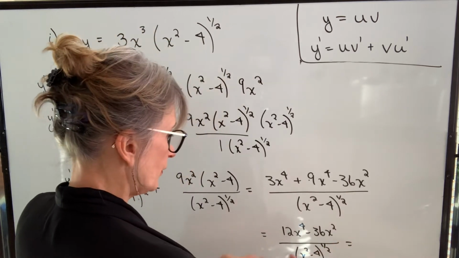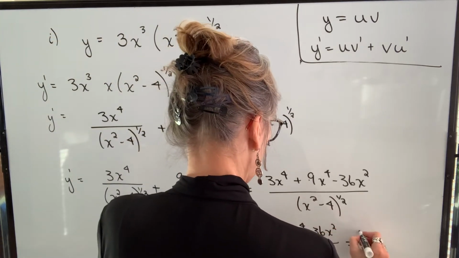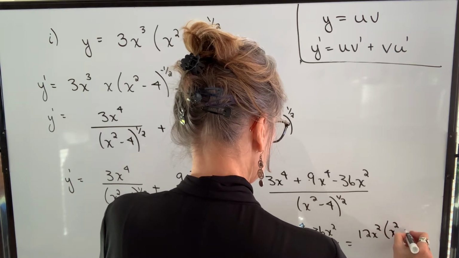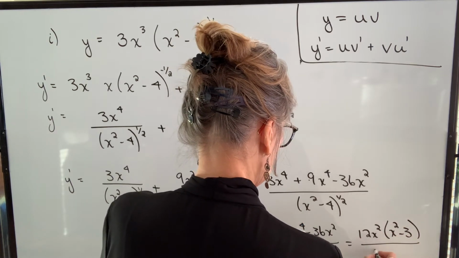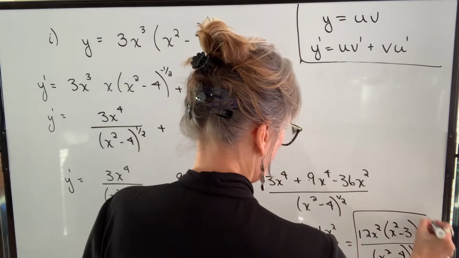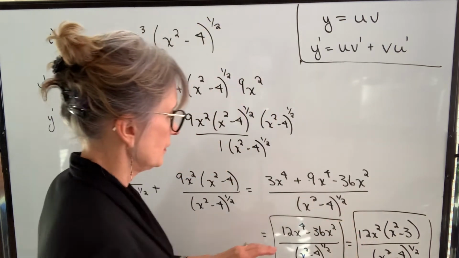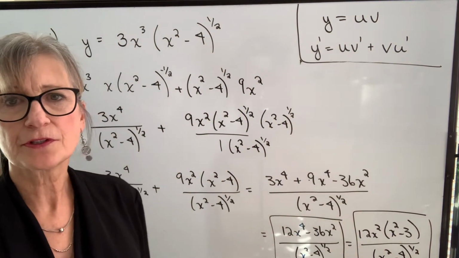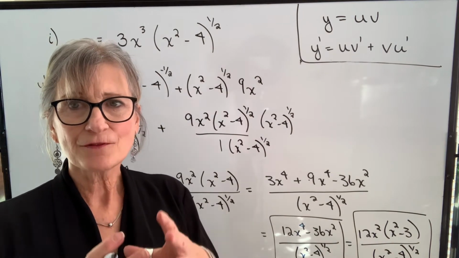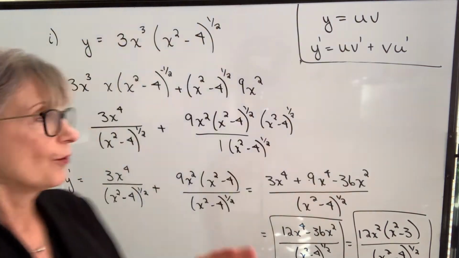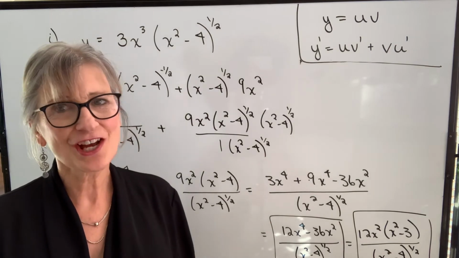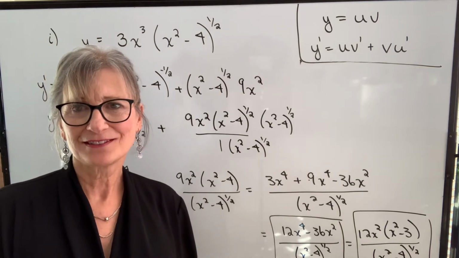I can leave it like that, or I could factor a 12x squared out, and I'll be left with x squared minus 3 over x squared minus 4 to the 1/2. So either option would be acceptable for simplification. So you either are going to have to work with factoring and work with negative exponents, or you're going to have to work with fractions. So both are challenging, but those are your only two options.